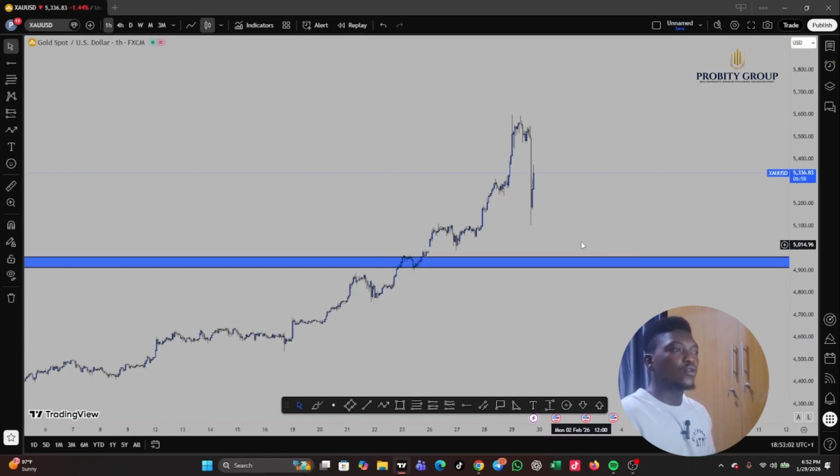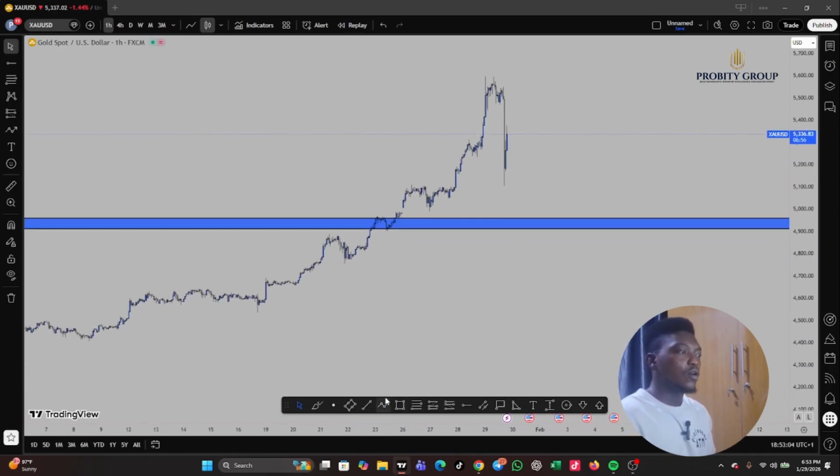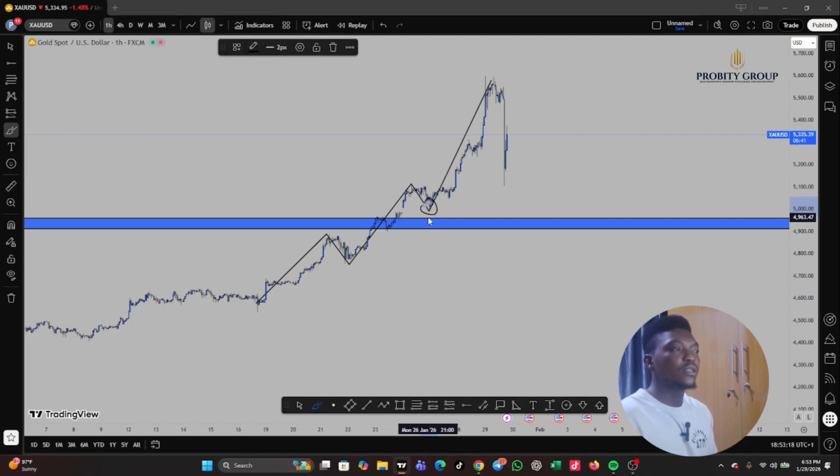You can see gold has really been on a massive bullish run. You can see what we are having here. This is price. This is giving us what we need. So bring our fib in a bullish direction to the recent low, to the recent high.